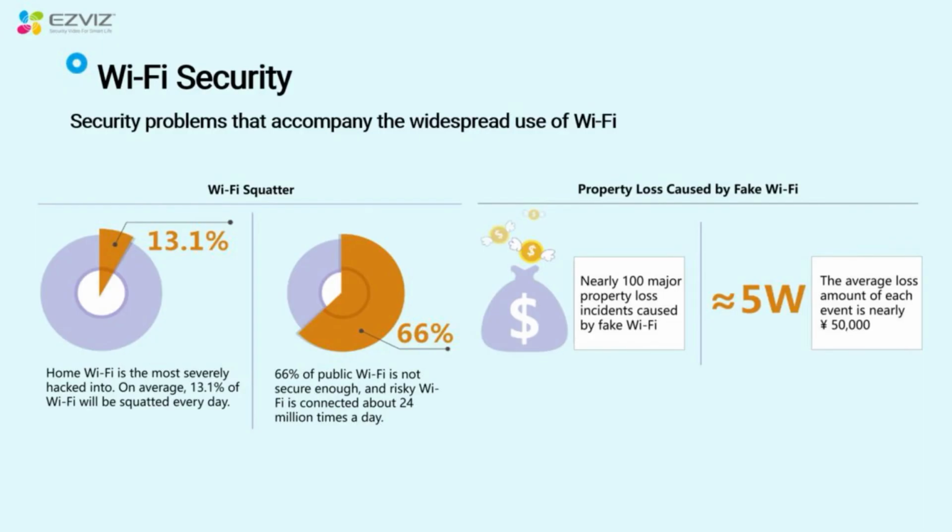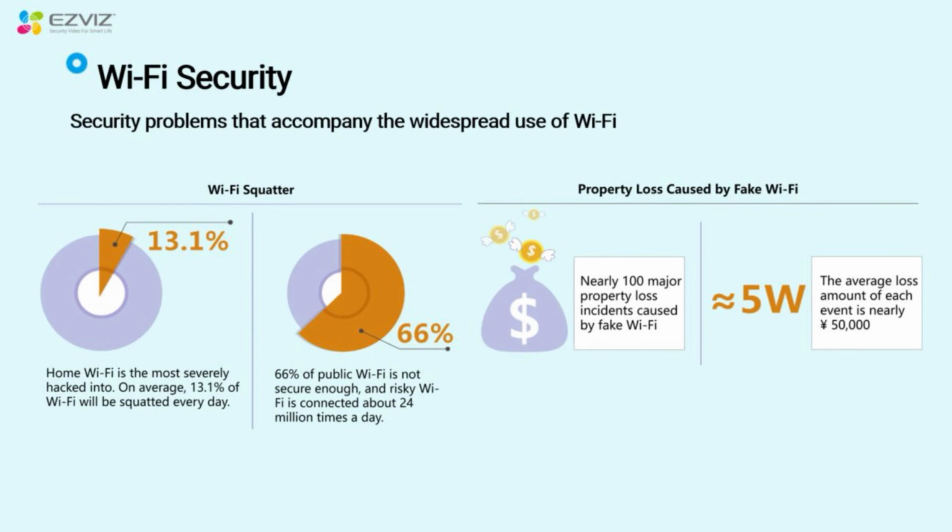Wi-Fi security problems accompany the widespread use of Wi-Fi. This is the basic data about China. The home Wi-Fi is the most severely hacked into.